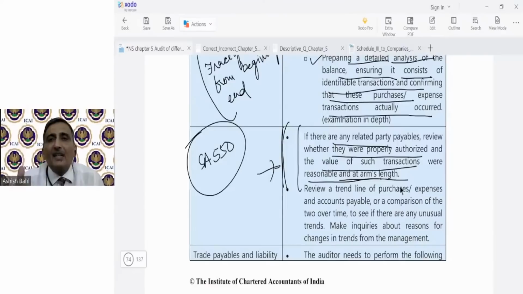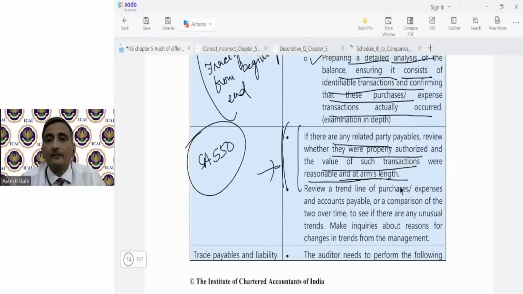If the same transaction had been carried out with other third parties, how would that company have carried out that transaction? If that transaction with the related party has been carried out in the same manner as it would have been done in the case of third parties, then it is okay. If it is not done, then the auditor has to see what the variations are and what their impact is.